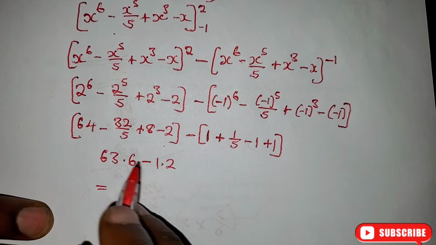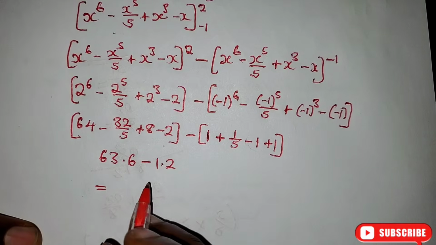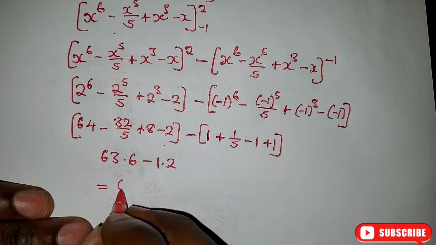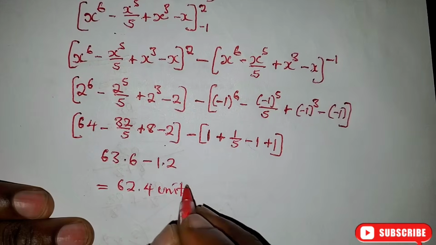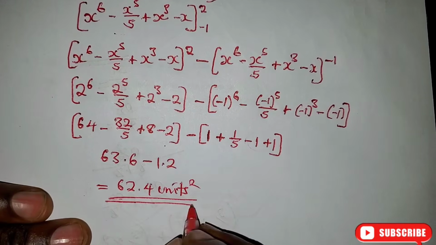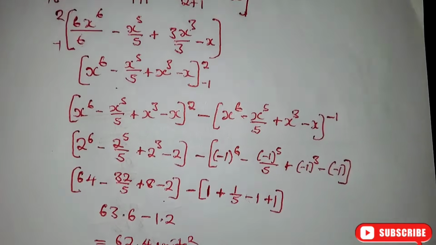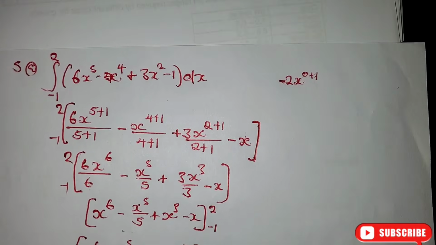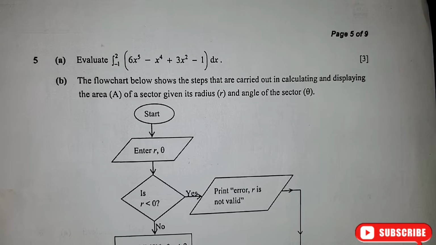So when we subtract these, 63.6 minus 1.2 is giving me 62.4 units squared. Okay, this is the answer to this question here. Where is the question? This question, which is question 5a.